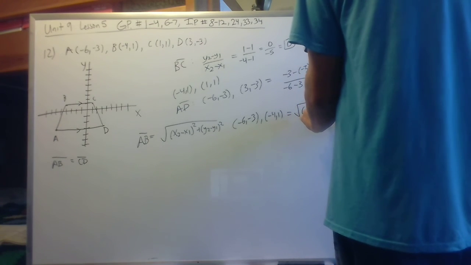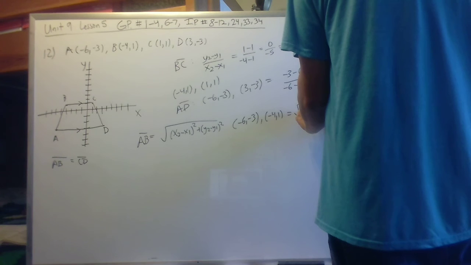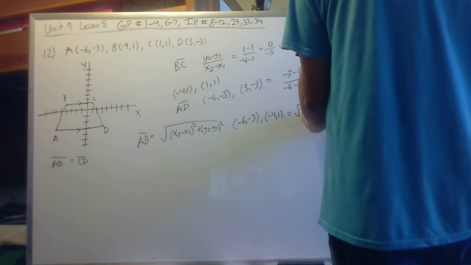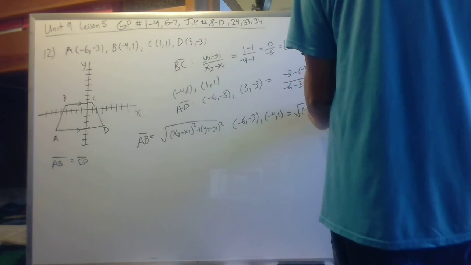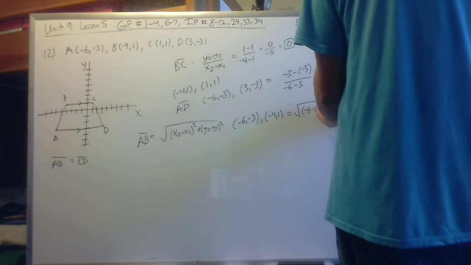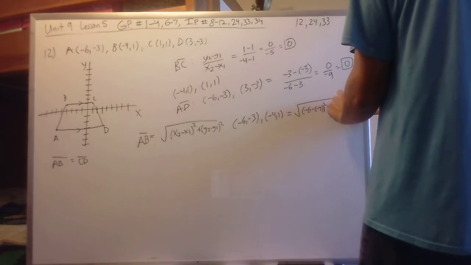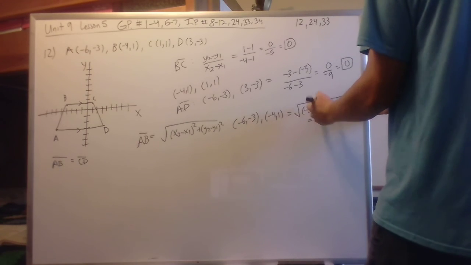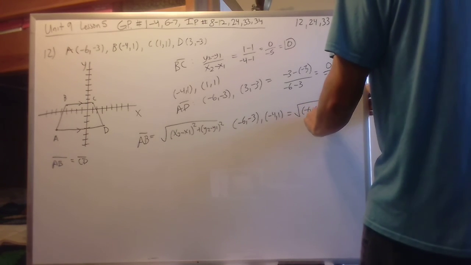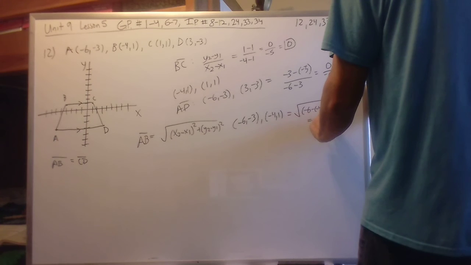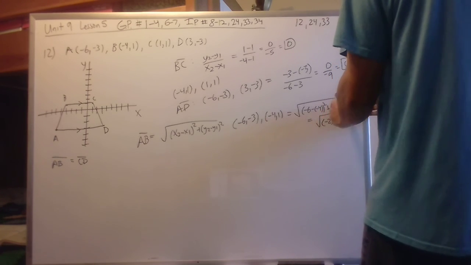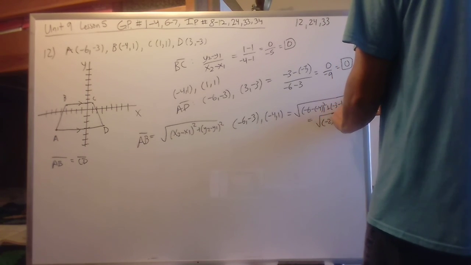-6 minus -4 squared plus -3 minus 1 squared. And that's going to give us -6 plus 4 squared. So that's the square root of -2 squared plus -4 squared.